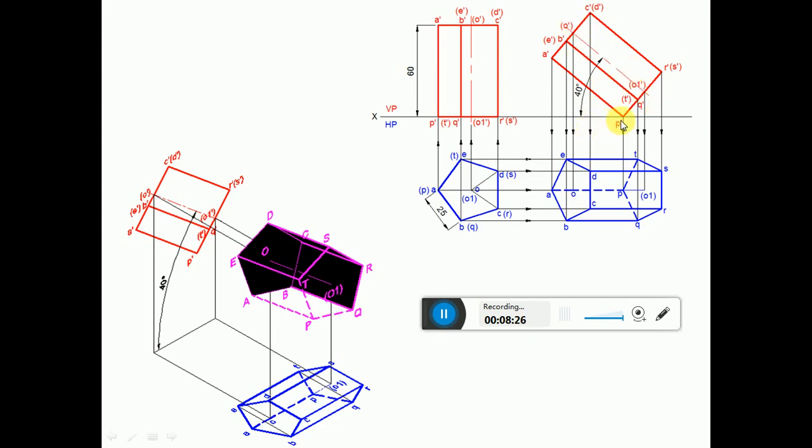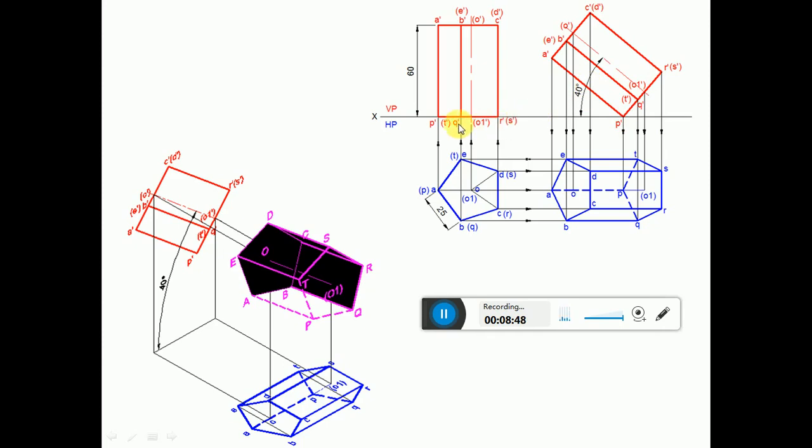Using the protractor, keep the center at P dash and measure an angle of 40 degrees from the XY line towards the left side, and from the same point on the right side measure an angle of 50 degrees, that is the base. Then draw these two inclined lines.